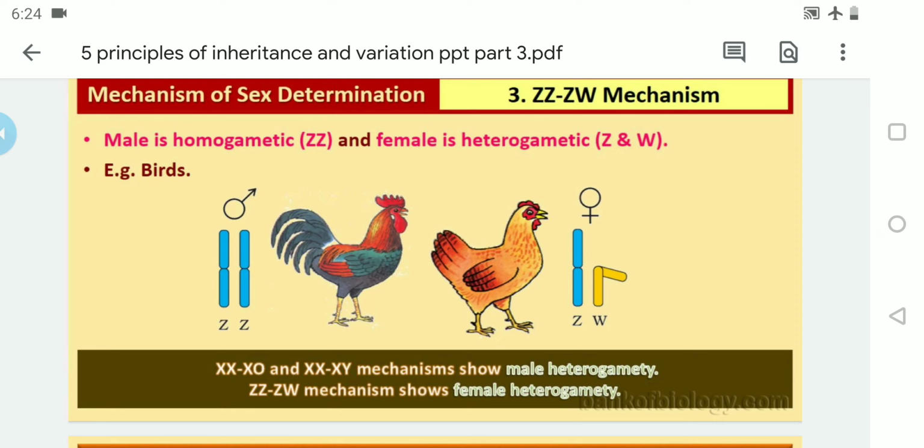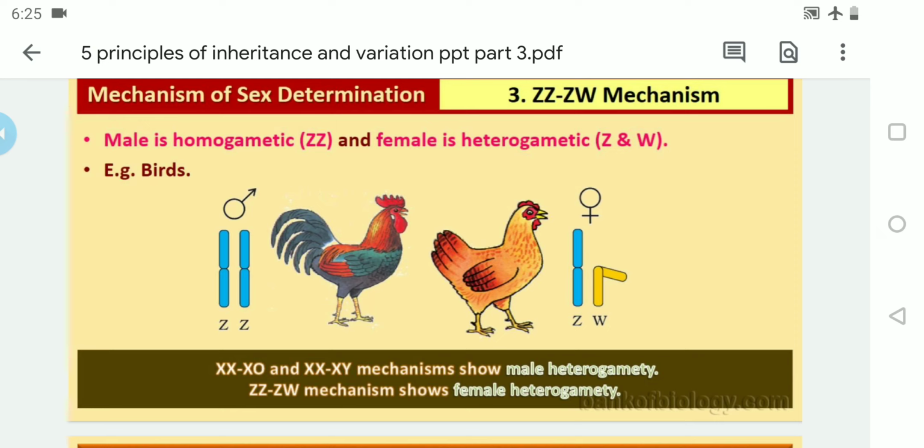Okay, just write down the female, 76 AA, that is autosomes, plus ZW. Then write down what will happen during the formation of gametes: 38A plus Z, and in the male the other possibility is also similar, 38A plus Z, isn't it?